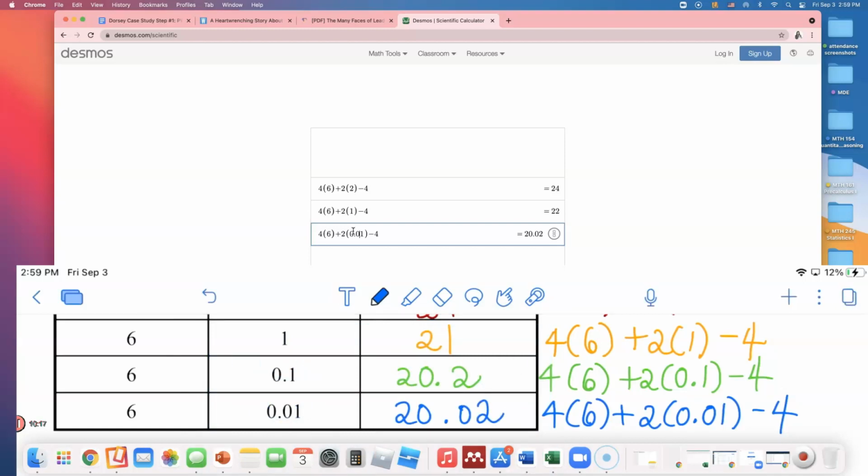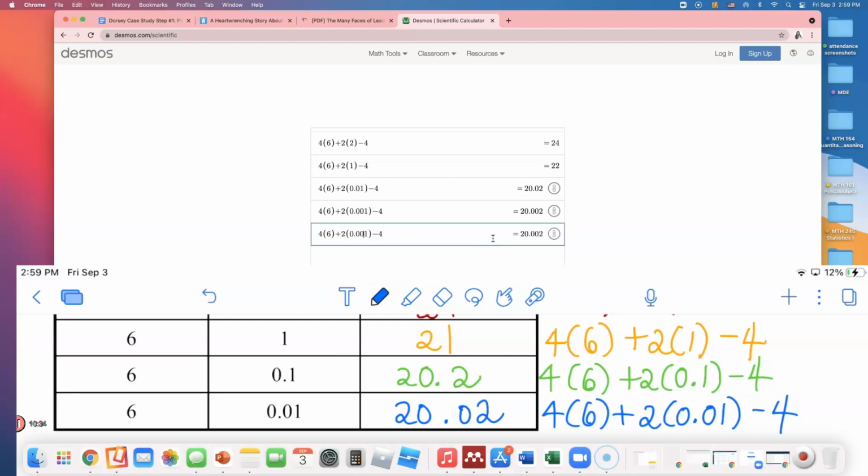Now, what will happen if I keep on getting smaller? Okay, if h becomes 0.001, the difference quotient is approaching 20. Can you see that? I think I see that.